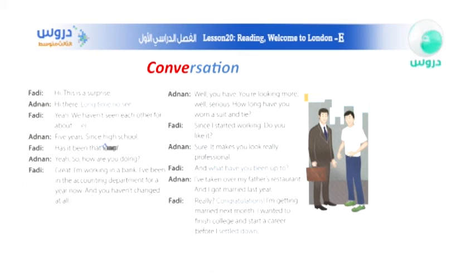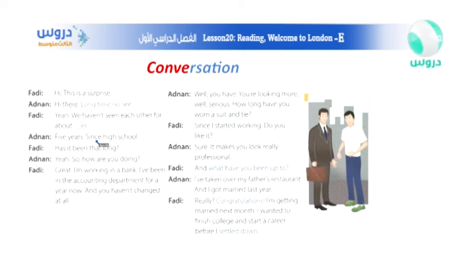We use since with years and occasions that happened. For example, this is an occasion, high school. They were together, so he said 5 years since high school. You can use since with years as well. For example, I haven't seen Ali since 2005. You can't say I haven't seen Ali since 3 years ago. No way.